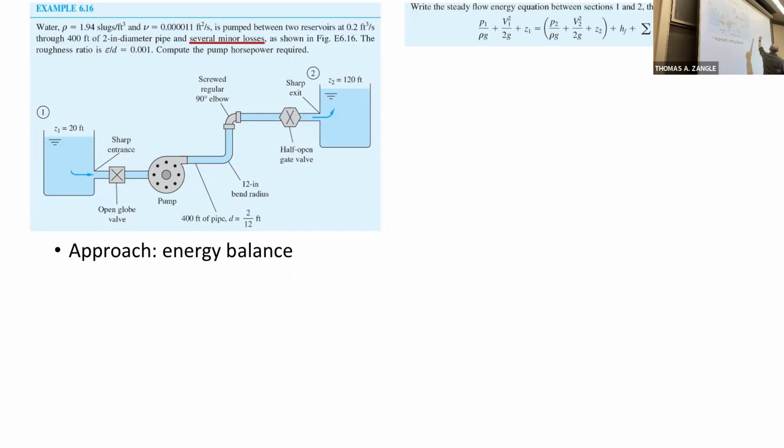I'm not even going to attempt to get there. Plus the head loss due to friction, the frictional losses through the pipe system, plus all of the minor losses, so fittings, bends and valves and so on, minus the energy that we put in from the pump.